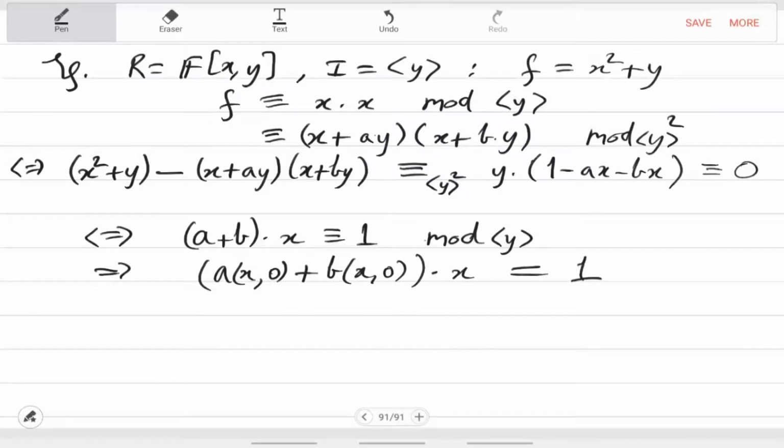This is an equality in the univariate polynomial ring, which cannot happen, right? Because this in particular means either x divides 1 or the left hand side is 0. Either way x has to divide 1, which is a contradiction. So this cannot happen. So this means that actually there is no lift mod y square of that factorization.